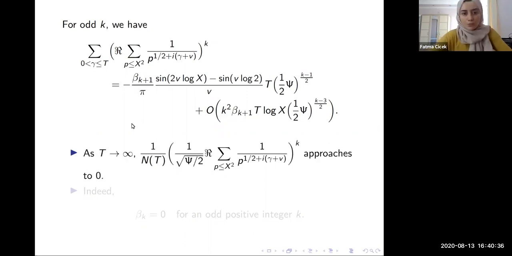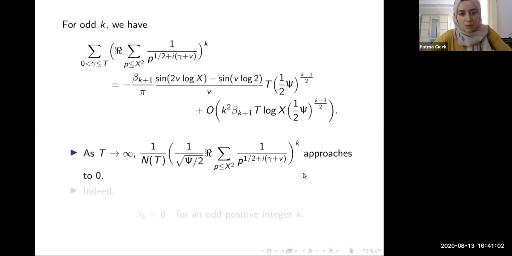So once you look at this formula, when you divide this by the standard deviation, actually square root of c over 2, you see that the normalized kth moment will approach 0, because here you have c to the k minus 1 over 2 instead of c to the k over 2.